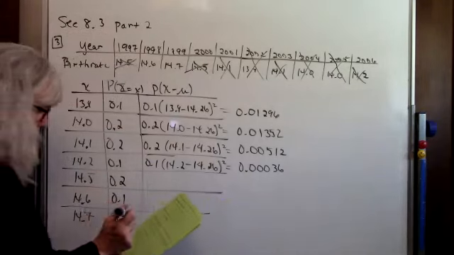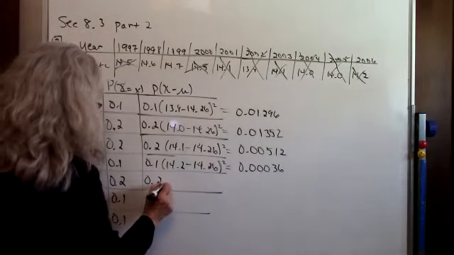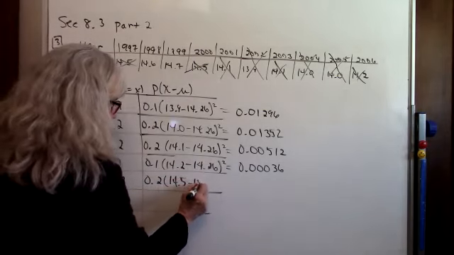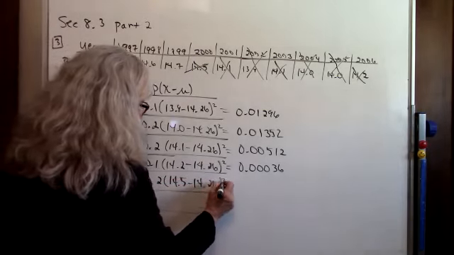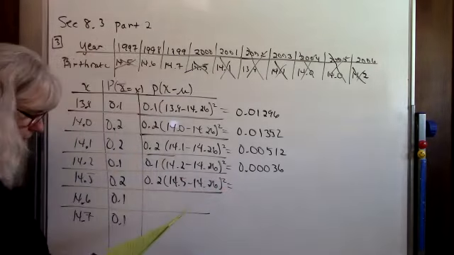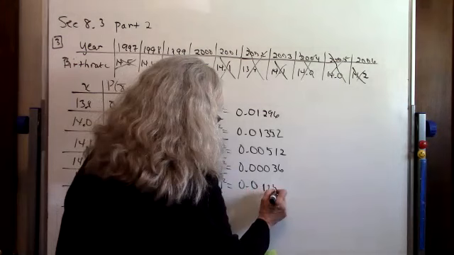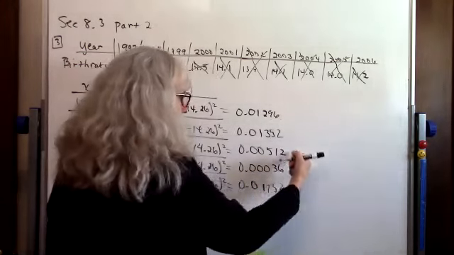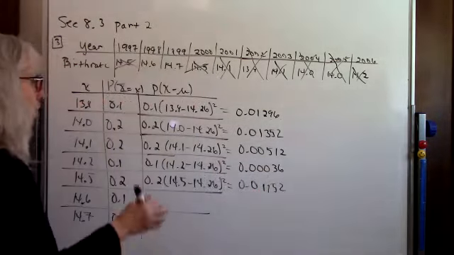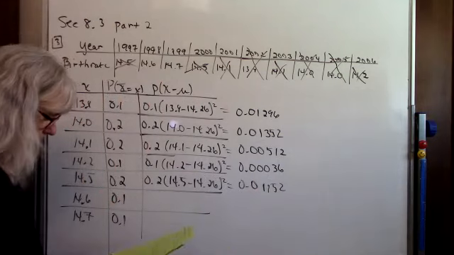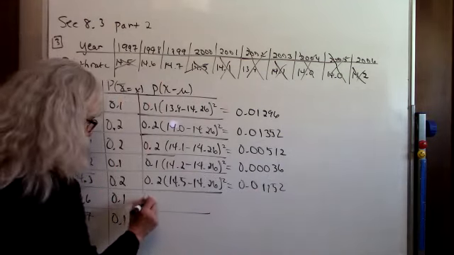So we have 0.2 in the next line times the 14.5 minus 14.26 quantity squared, and that one came out to be 0.01152. Each of these numbers is describing how far away this value is from the middle. Our next one is the 0.1.